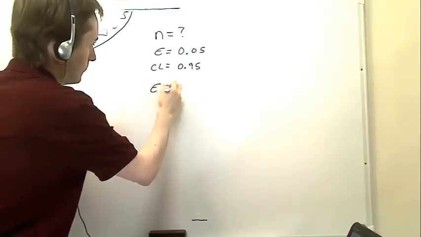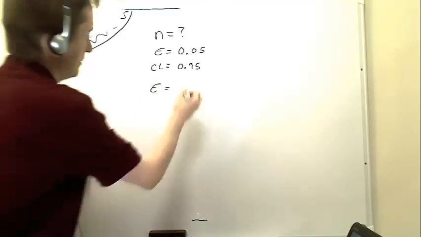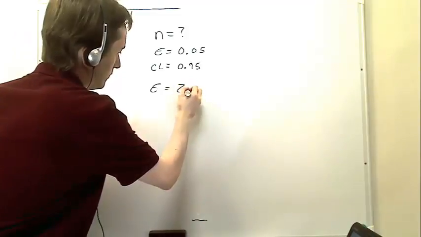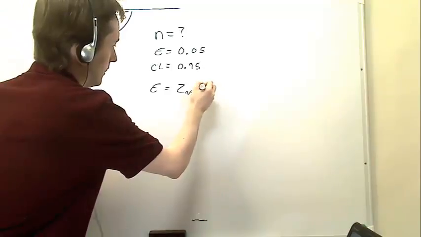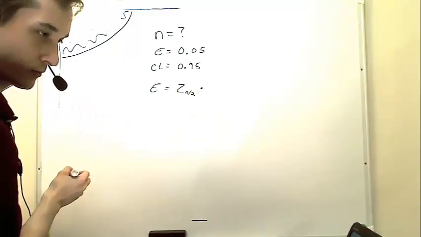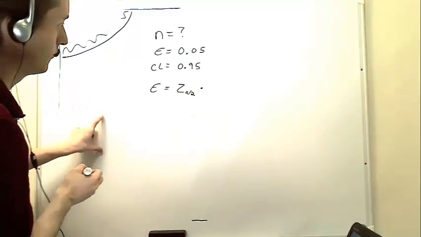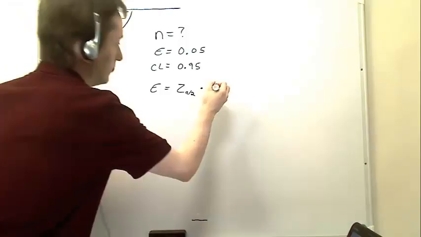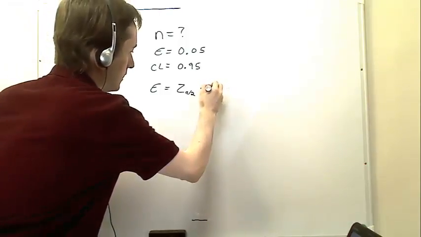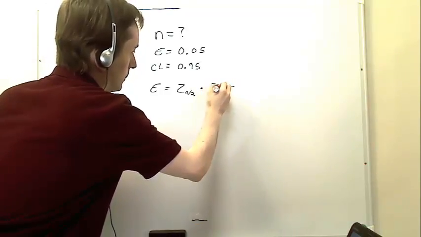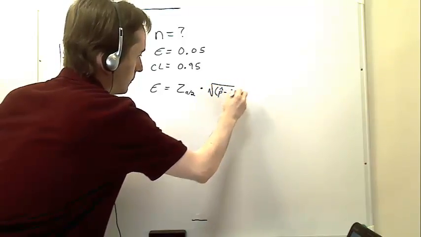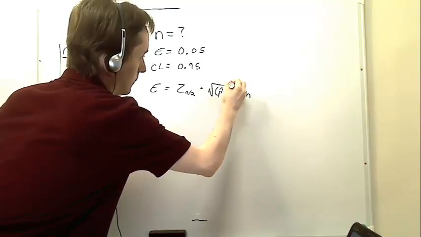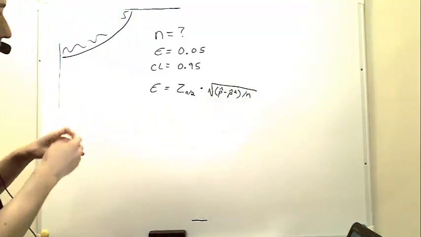The equation for E is the critical value times, and we're working with proportions still, so that is going to be the square root of p hat minus p hat squared divided by N, and that's all within the square root.